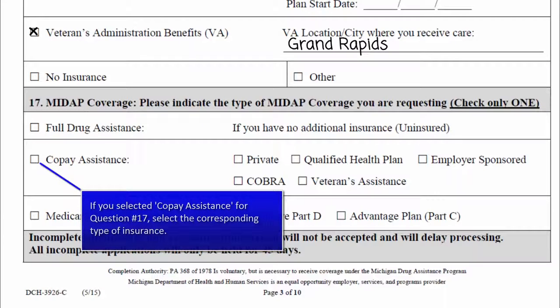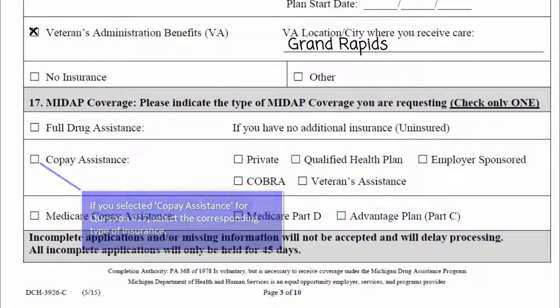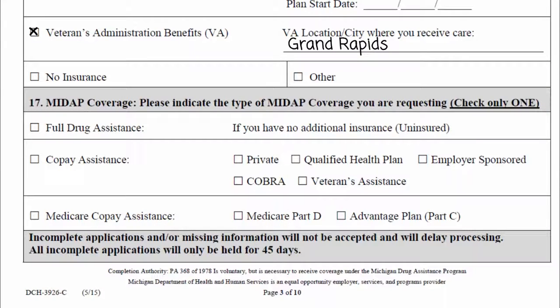If you are requesting MiDAP pay your out-of-pocket copays for your prescriptions, you would check copay assistance and then check the appropriate corresponding type of insurance. The types of insurance include employer-sponsored insurance, COBRA, a private policy, which is a policy that is paid by you or another entity, a plan through the marketplace, which is a qualified health plan or QHP, or coverage through the VA.